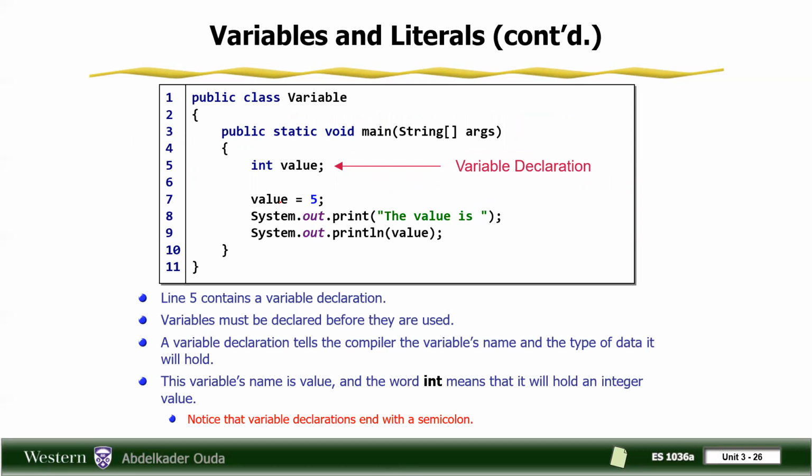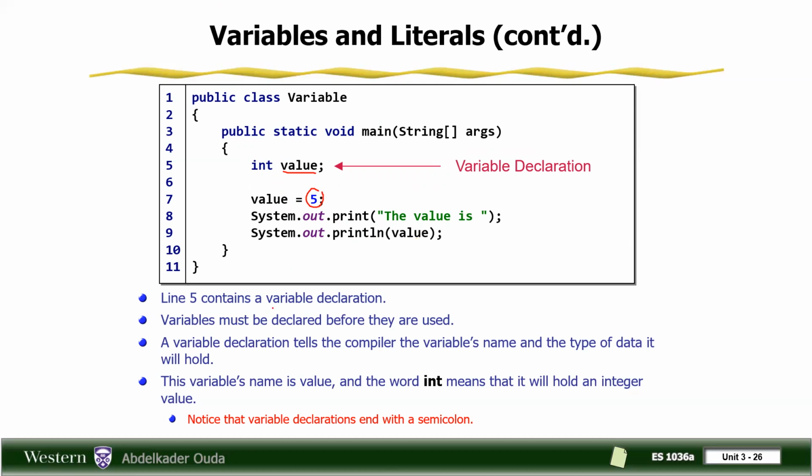Public static void main, String args, those you always have to write. We identify a variable of type integer, and we call it value. Then we give it the value of 5. System.out.println, the value is, print line value.